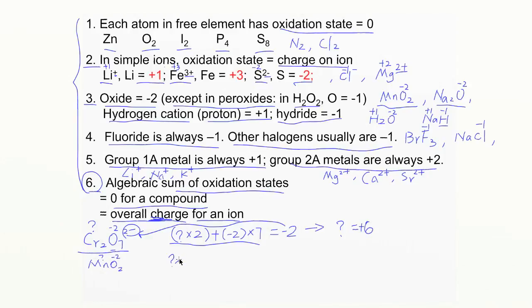You only have one manganese, so question mark, plus negative 2, the oxidation state for oxide, times 2, you have 2 oxide, equals 0. Why is it 0? Because the whole compound is neutral. There's no charge, so it's 0. If you do the calculation, the oxidation state for manganese is positive 4.